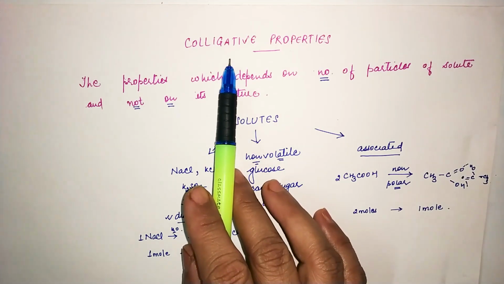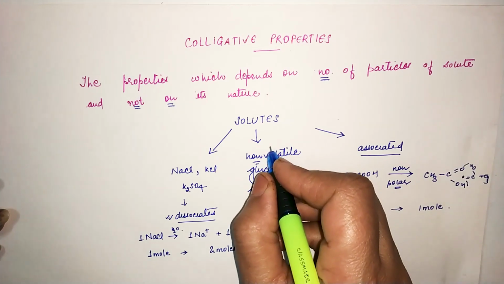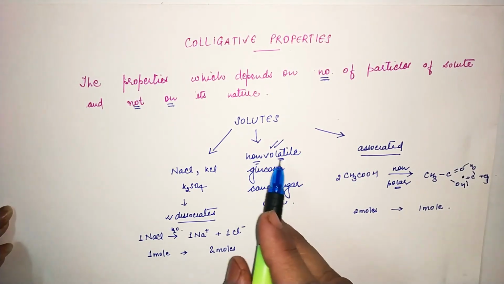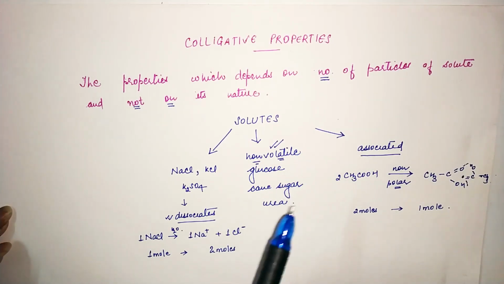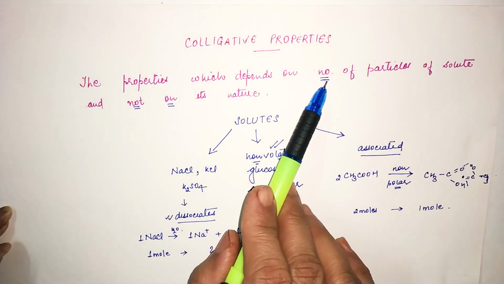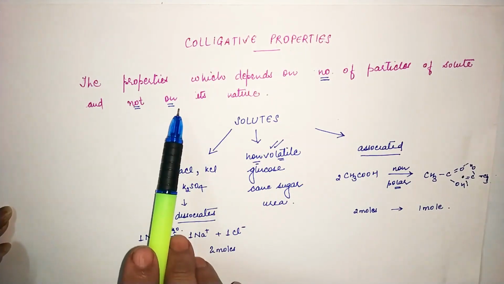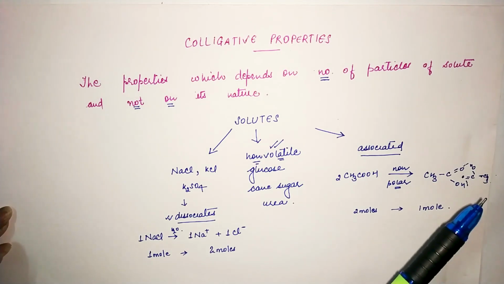In such cases, these properties depend on the number of particles of the solute. First of all, we'll talk about all the colligative properties in which we will take the non-volatile solute. Again, the definition: the properties which depend upon the number of particles of the solute and not on its nature are called colligative properties.